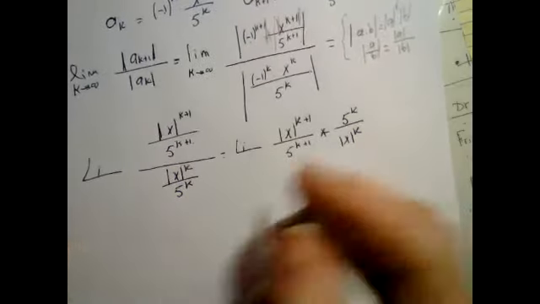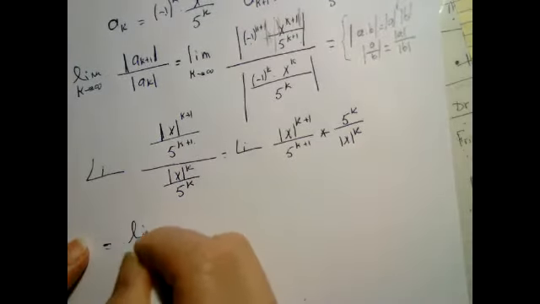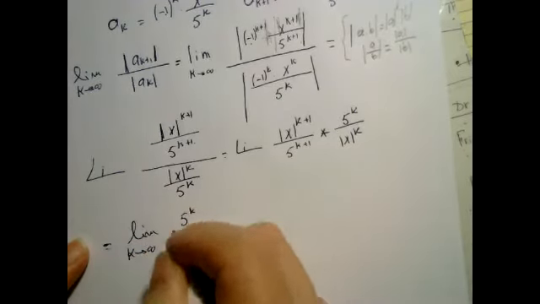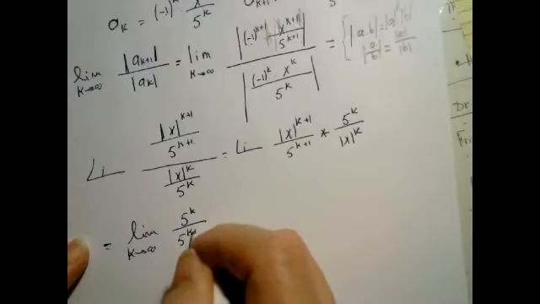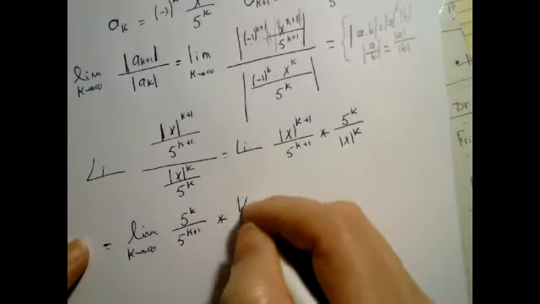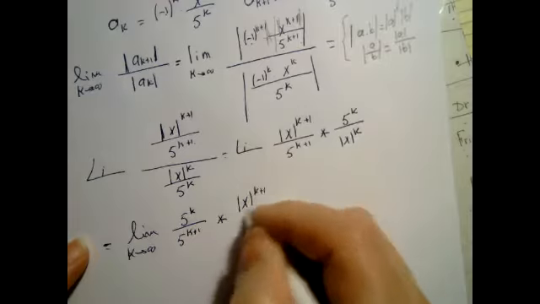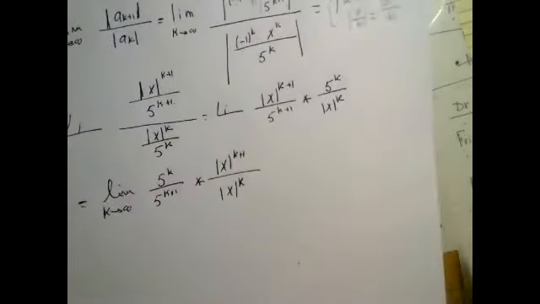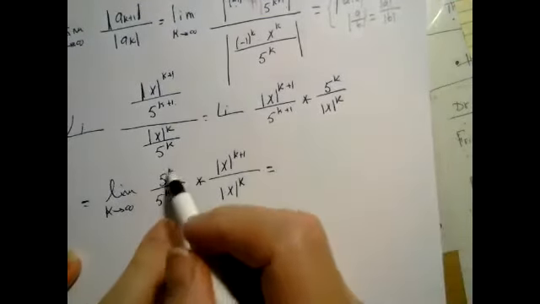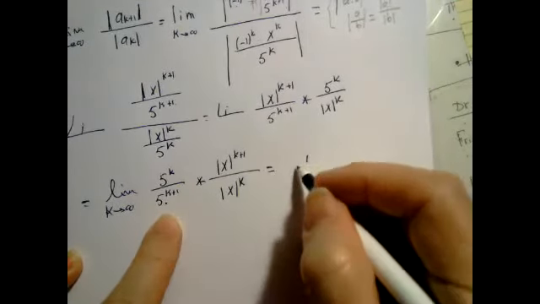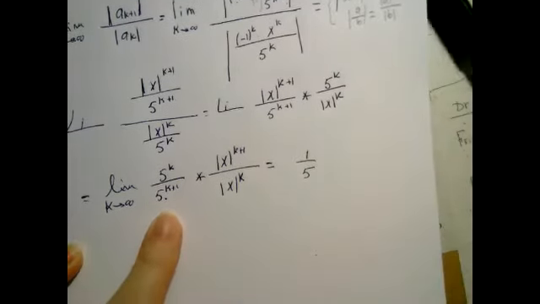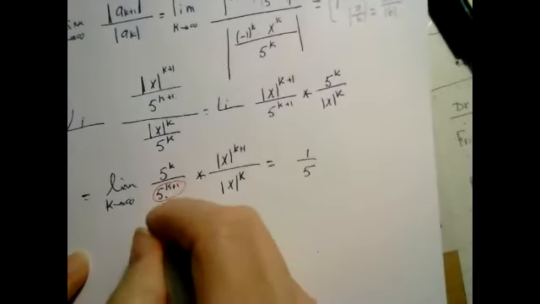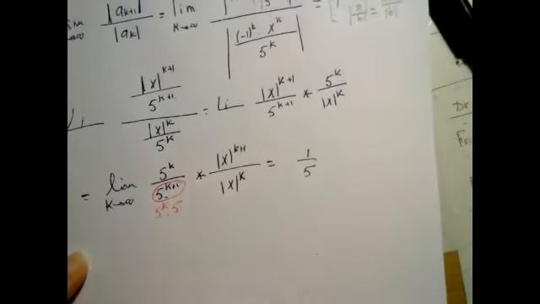And now, as in the ratio test, I group the like terms together, so I'm going to have the limit of 5^k over 5^(k+1) times |x|^(k+1) over |x|^k. All right, let's see, what is this equal to? 5^k over 5^(k+1) leaves me with 1 over 5, because this is nothing more than 5^k times 5.